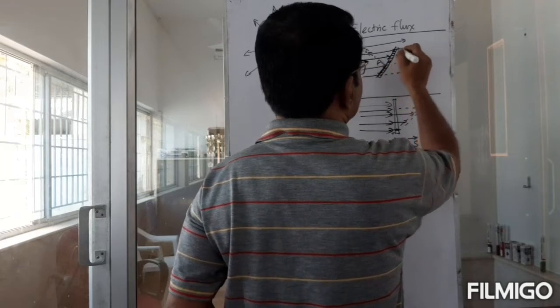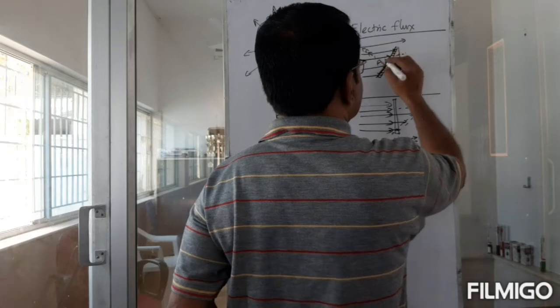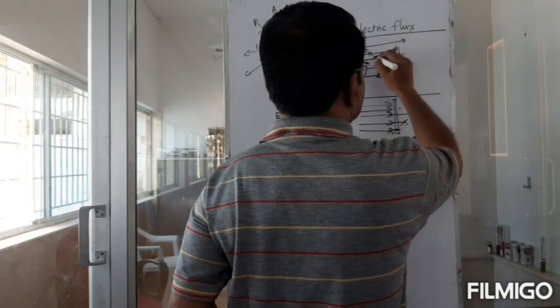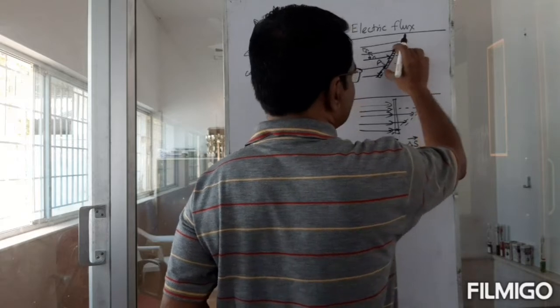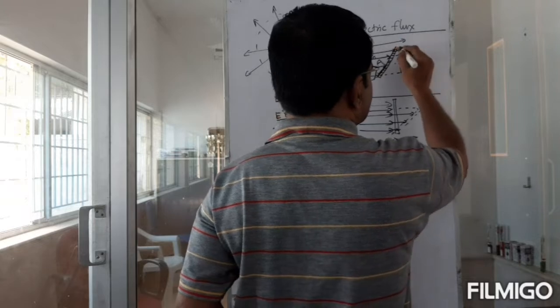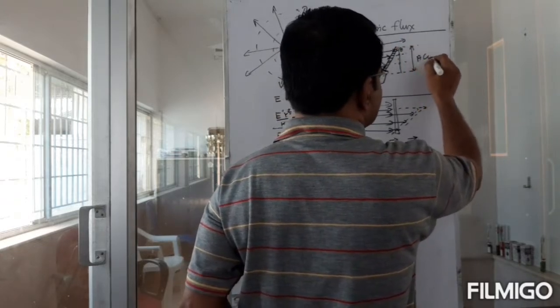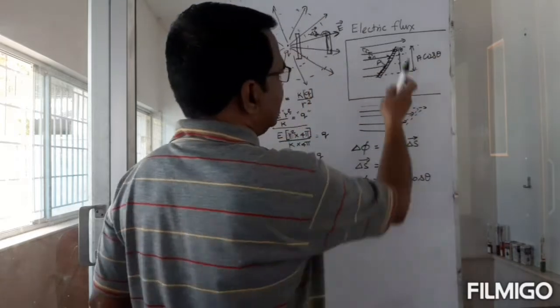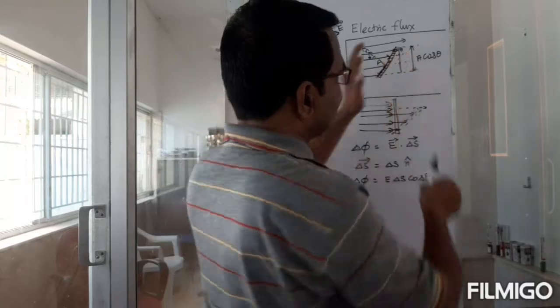I need to find this angle. If this is theta between them, then this angle is going to be theta, so you require A cos theta for this. So that is the effective area available for you. Not the entire area, but the effective area is only A cos theta.